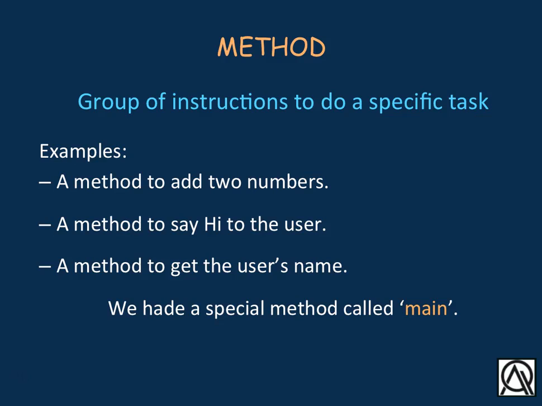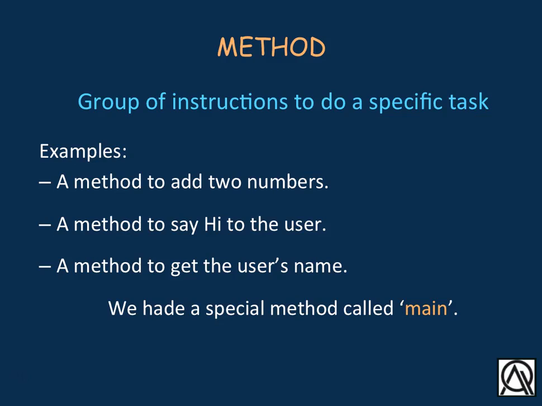We can create a group of code that says hi to the user of our program. This group of code will be a method and has a specific task, which is to say hi to the user. Another example is to write a method to get the user's name.